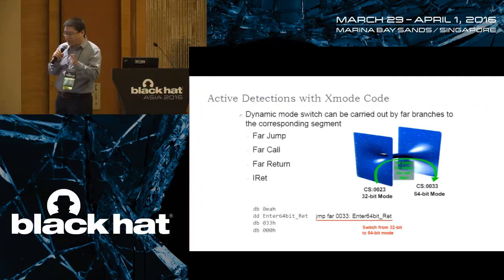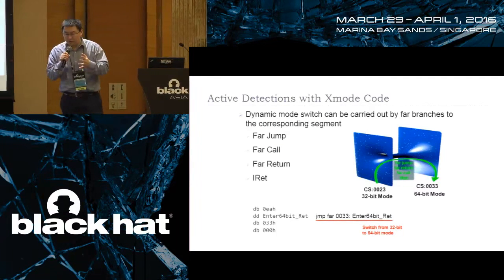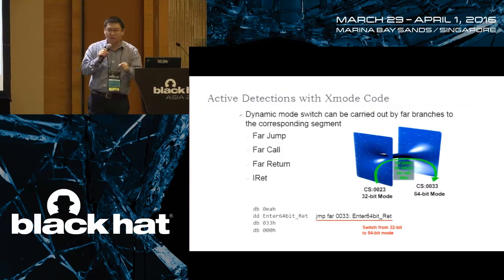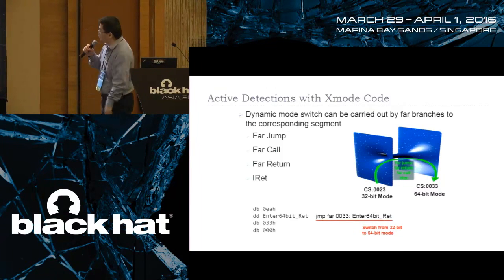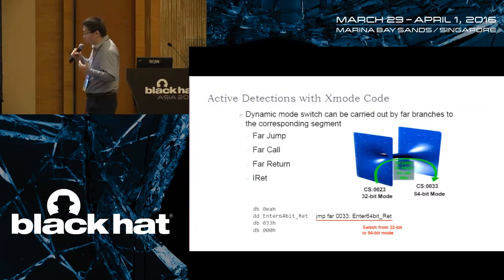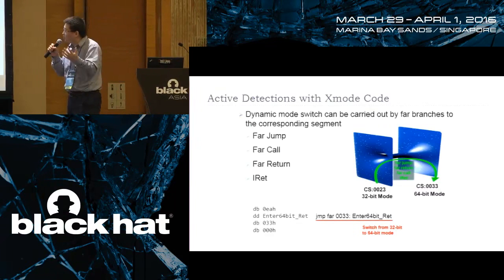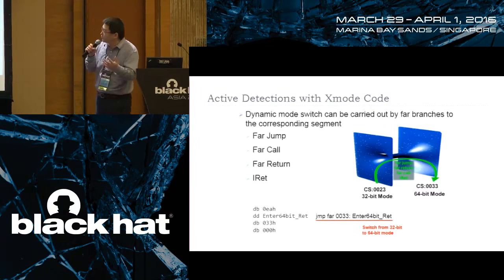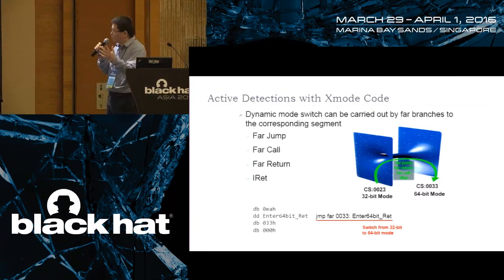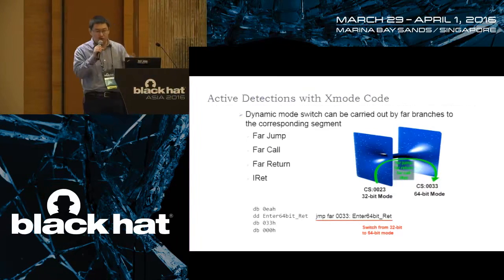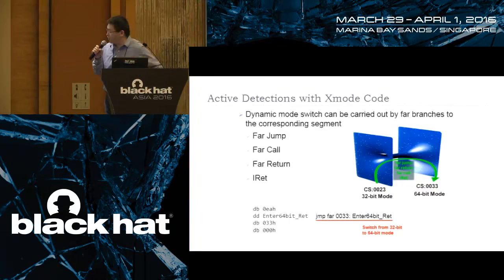Once you have the basic facility, then you have to transfer the mode, right? Usually we provide a couple of instructions to do this kind of thing. For example, we can do the mode transfer with far jump. We can do the far call and the far return. Also, of course, we can use iret to provide the mode transfer.